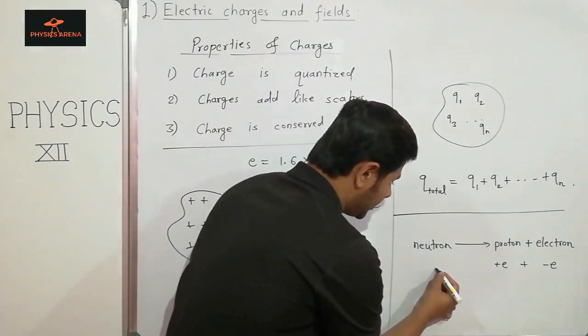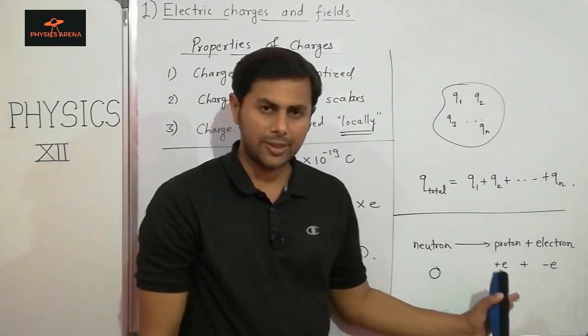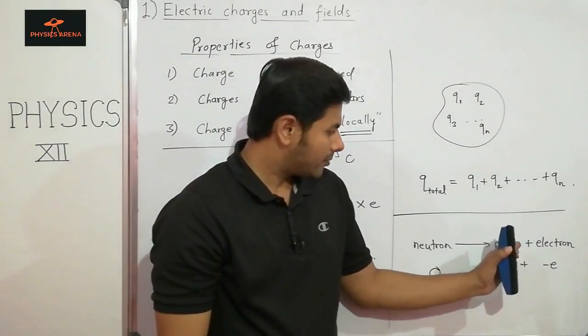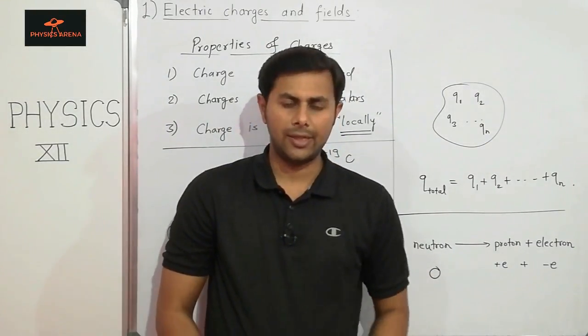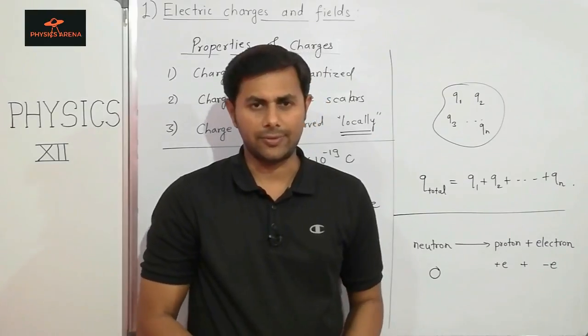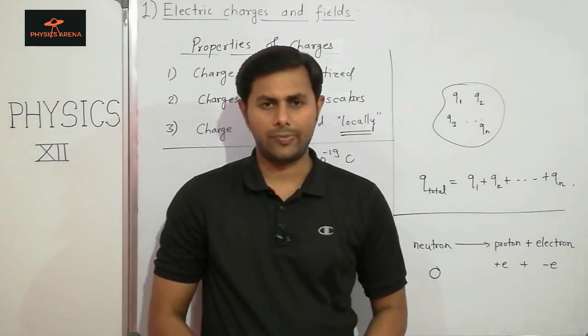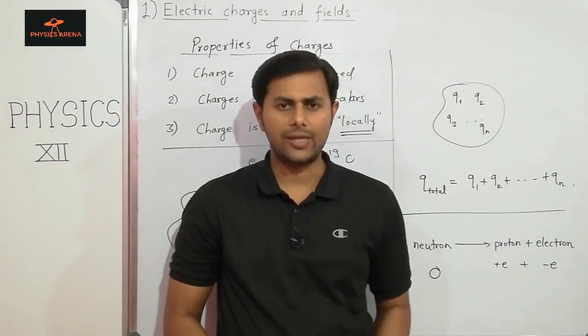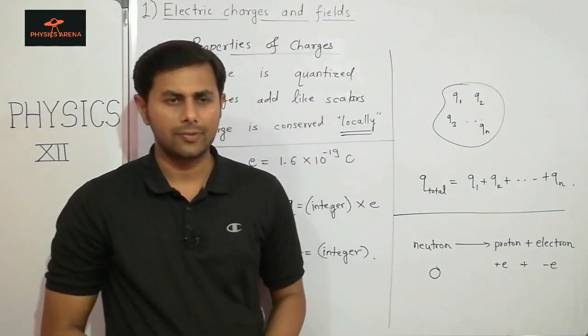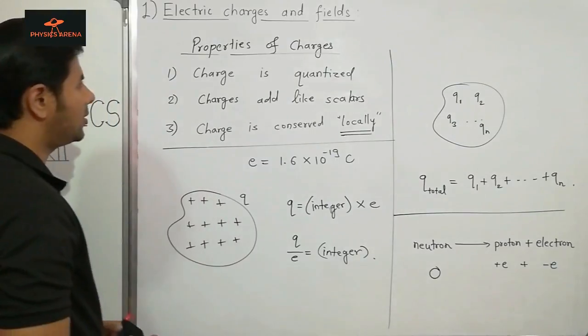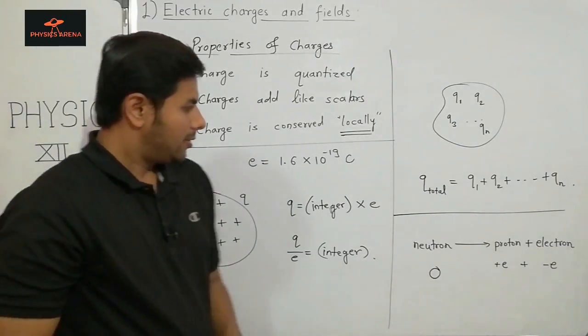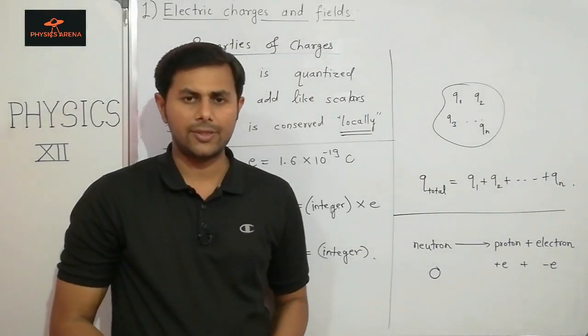Before the reaction, the charge on the neutron is 0. If we add the charges on the proton and electron, the total charge is still 0. So this is the meaning of charge being conserved locally. These are some properties of charges. Now let's put things quantitatively.